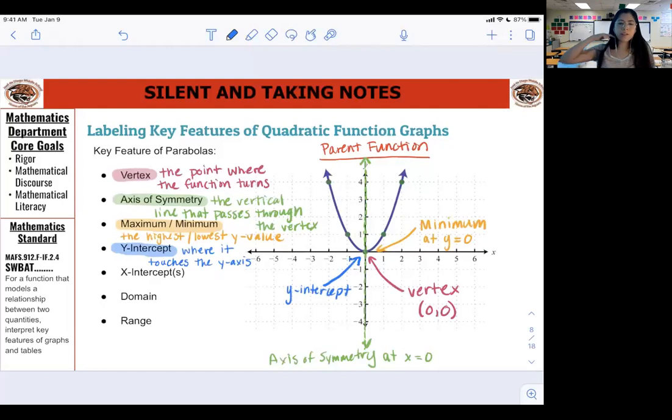Any questions so far? Cool, cool. So we've got vertex, we've got axis of symmetry, we've got the minimum, we have the y-intercept. What about the x-intercept? Where does it touch the x-axis?